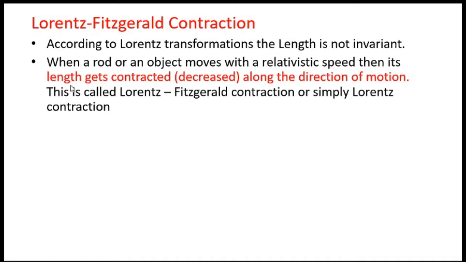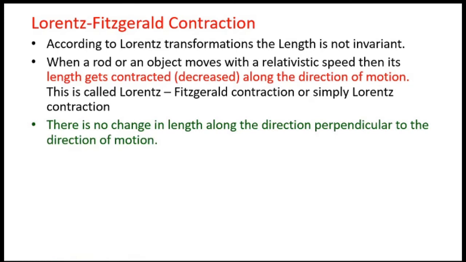So what does it state? That if a rod is moving in a certain direction, then the dimensions of the rod in the direction parallel to the direction of motion, means along the direction of motion, that length will get decreased or contracted. Now what happens if you observe along the direction perpendicular to the direction of motion?